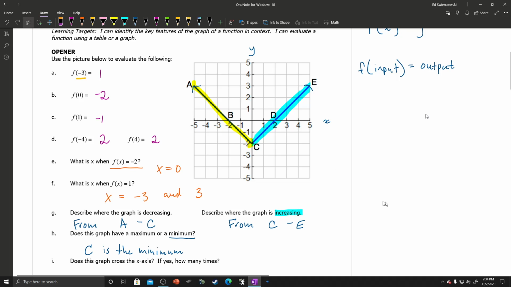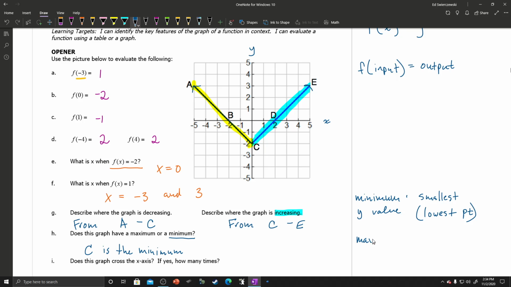So, if you want to write here minimum, you can think of as the smallest y value or the lowest point on the graph.